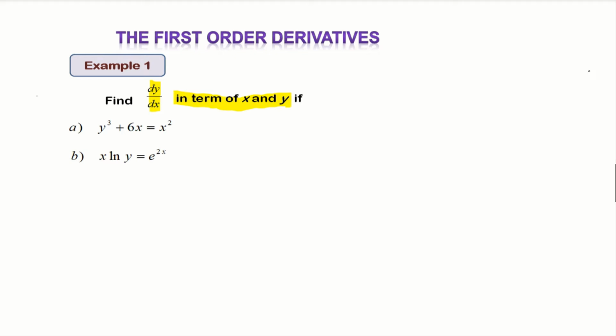The first question has the implicit function y cubed plus 6x equals x squared. So this is an implicit function. We are going to differentiate implicitly. We have 3 terms here. The first term is y cubed, then 6x, and then x squared.